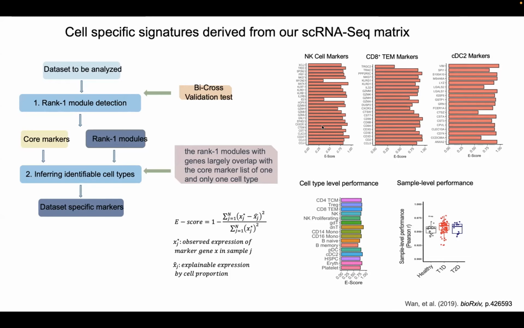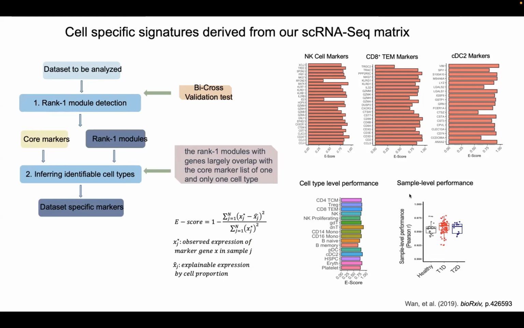Each row here is one gene, showing the e-score of that gene's performance in the signature matrix. Here is the cell type average performance, where for each cell type we take the average e-score. We can find that across the different cell types, they got a good e-score, around 80% of the variance can be explained by the cell proportion change.